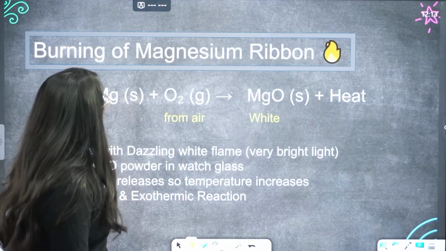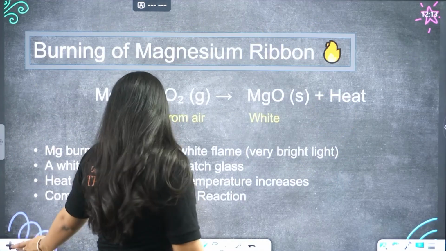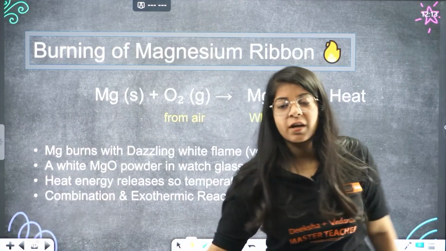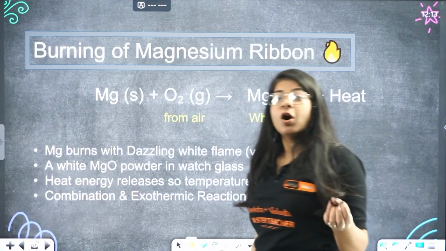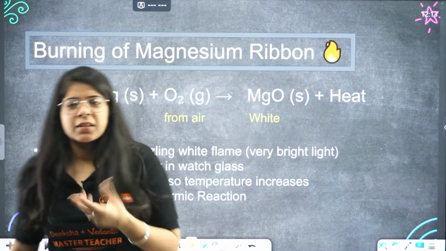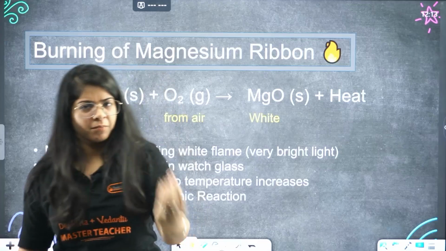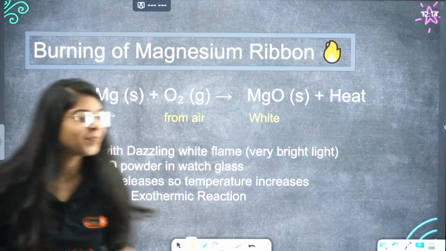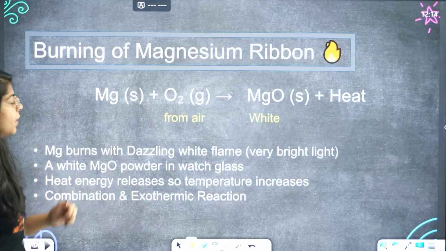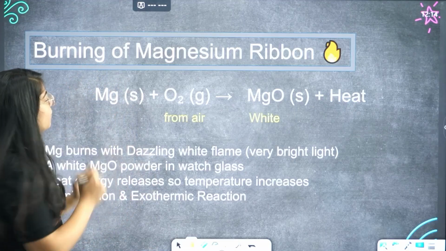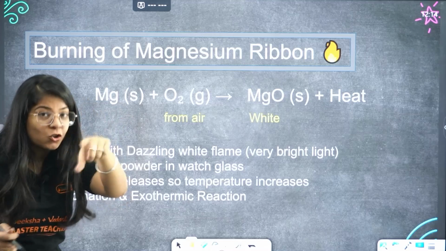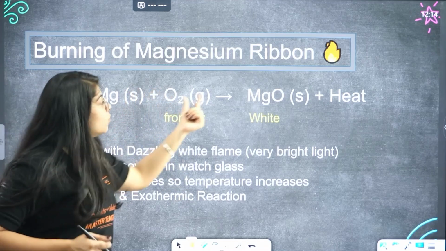Okay. Moving on, we have burning of magnesium ribbon. So you understand combination reaction, right? Now we have an example of magnesium ribbon. That is simply a ribbon made from the element magnesium. Nothing that tough in this, right? So what exactly happens is we take magnesium. Now you can see the state of magnesium. It's solid, exactly, and O2 is a gas.